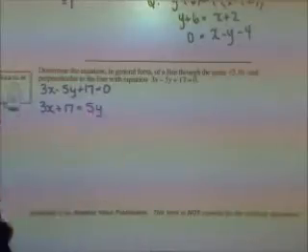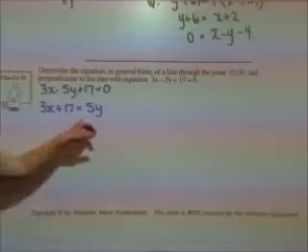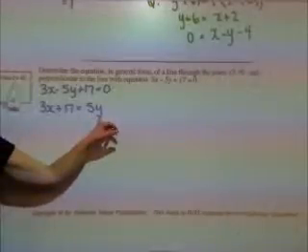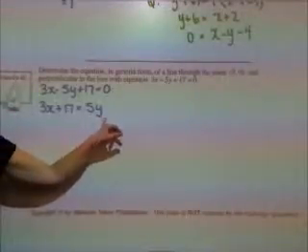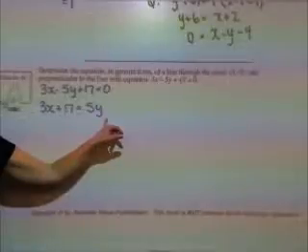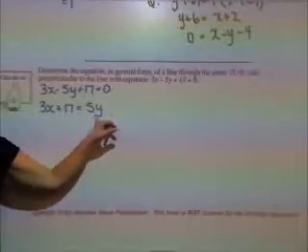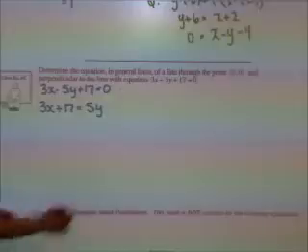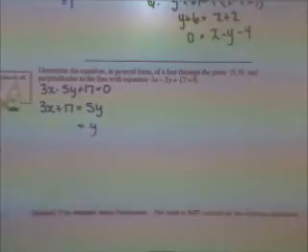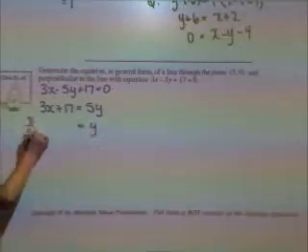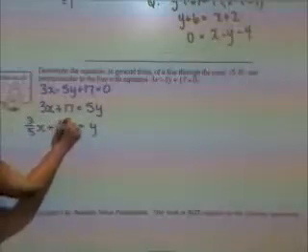Because when I move it over, it becomes positive. And then how do I get rid of the 5? Divide. Why do I divide? Because I'm multiplying. It's the inverse of multiplying. Okay? So y would equal 3/5 x plus 17/5.